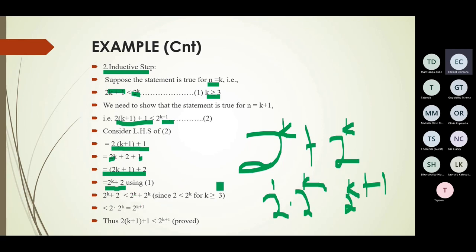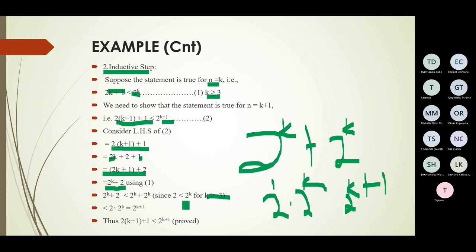And we know that our k is starting from 3. So 2 is always less than what? 2 to the power k here. Because if we put a 3 here, from the basis step, it will become an 8, and 2 is always less than 8. And this one is always an increasing function.